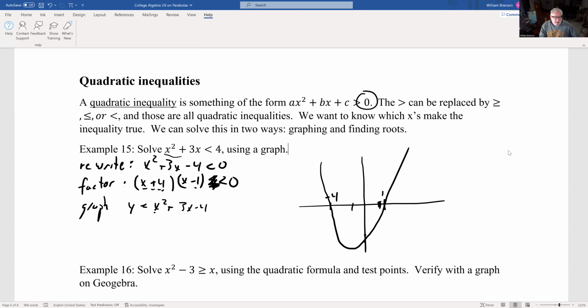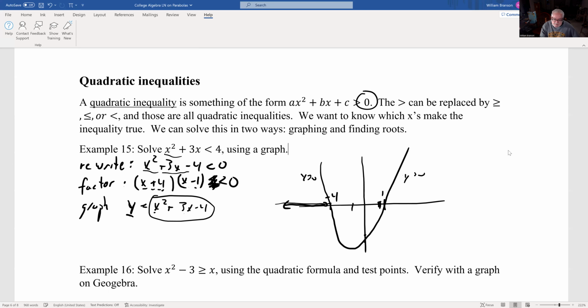Great. So what are we interested in? y is this thing, right? That's what we're calling that. And we're interested in when y, the y coordinate here, is actually positive. So y is greater than 0 on this interval, up to minus 4, and y is greater than 0 in here.